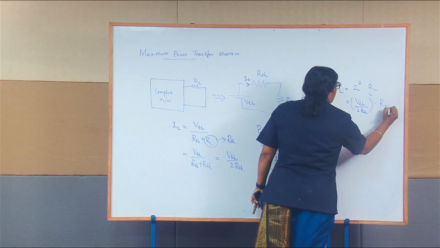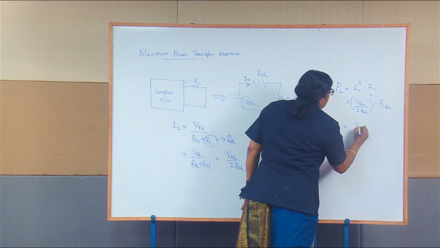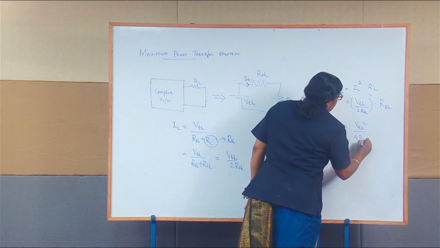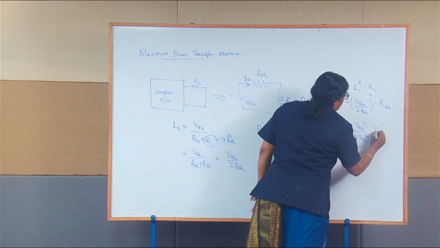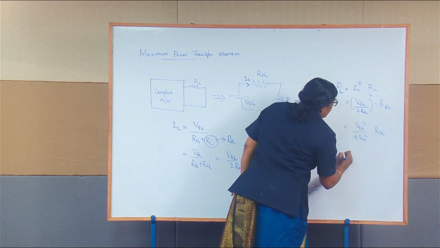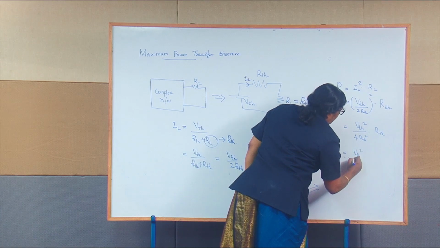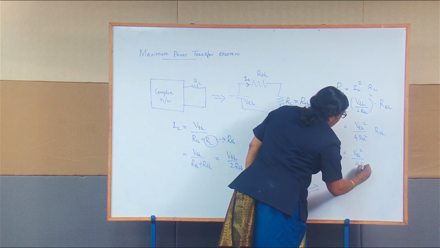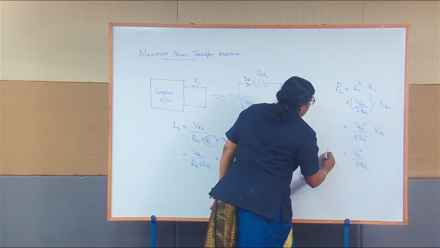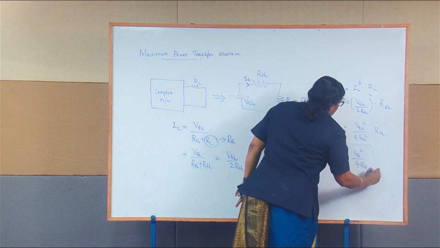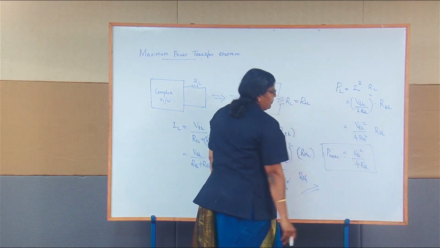RL is nothing but R Thevenin. So it is V Thevenin square divided by 4 R Thevenin square into R Thevenin. You can write this as V Thevenin square divided by 4 R Thevenin. So this is the equation for the maximum power which is to be delivered to the load.